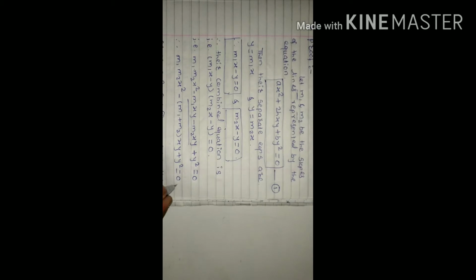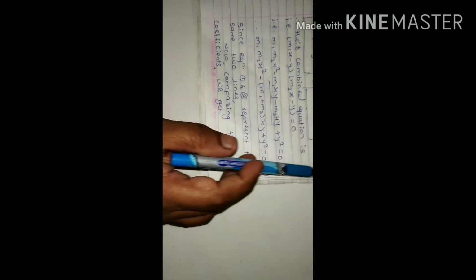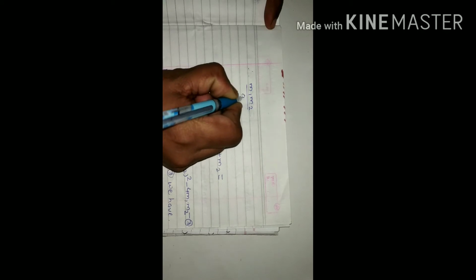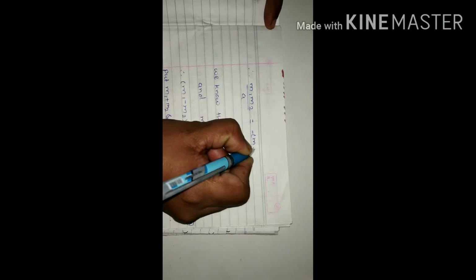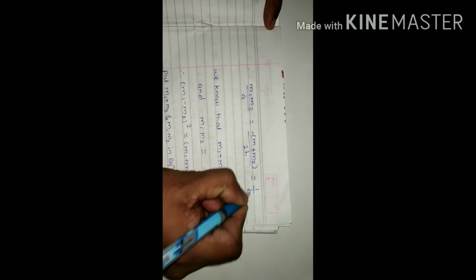We will call this equation number 2. Since equations 1 and 2 represent the same two lines, comparing the coefficients we get m1 into m2 divided by a is equal to minus m1 plus m2 divided by 2h is equal to 1 divided by b.